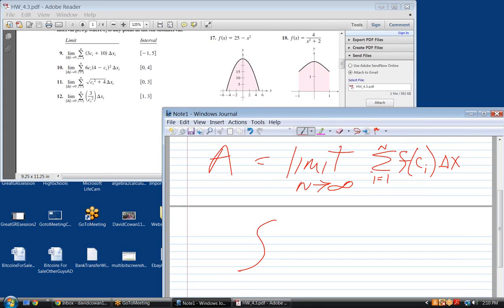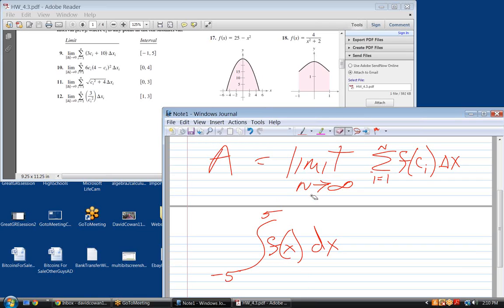Would we take the minimum and maximum as where it touches the x-axis? You got it. Then minus 5 to 5, and whatever this function is, I'm going to do f of x dx.